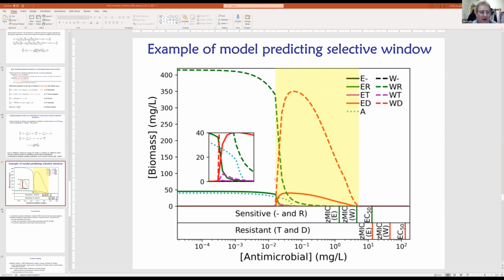So we really rely on the fitness cost of resistance, because this is the reason why very low concentrations of antibiotics won't be selecting. But the lower the fitness cost, the more problematic it is, and the lower the concentration of antibiotics that would be selected in the environment.